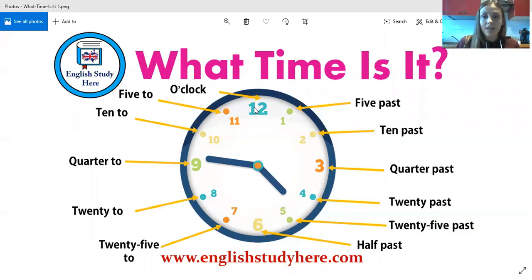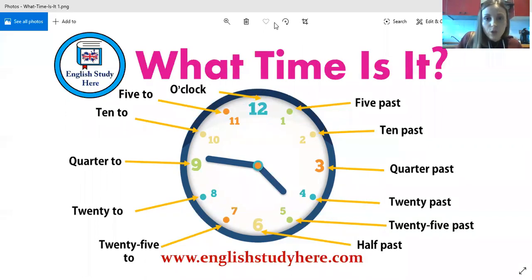The clock has 12 hours, okay? And normally, when you see this 12, if the line is here, for example, 12, 2 dots, 00, it is 12 o'clock.